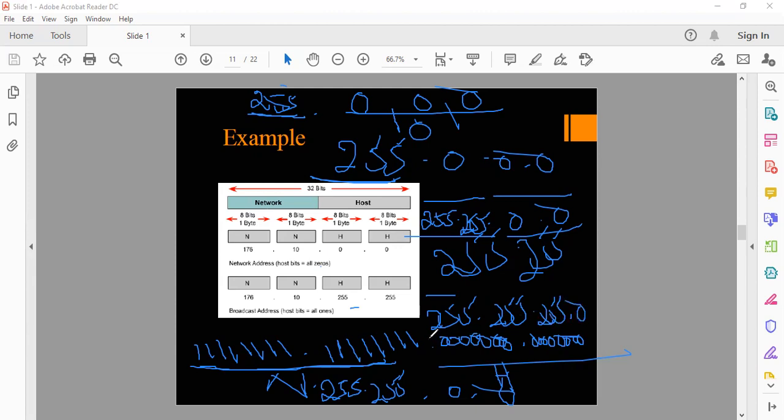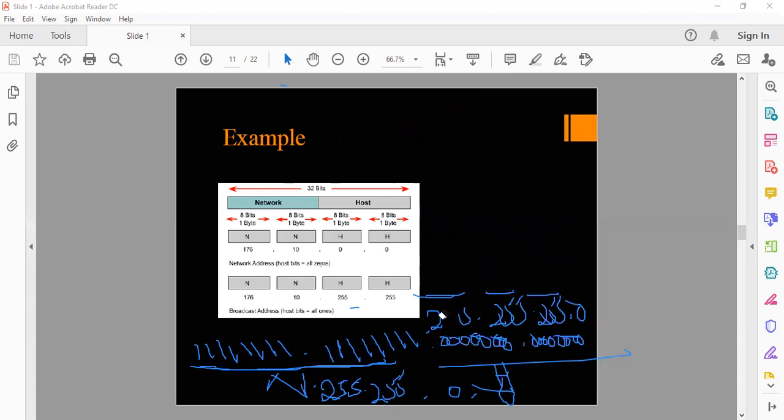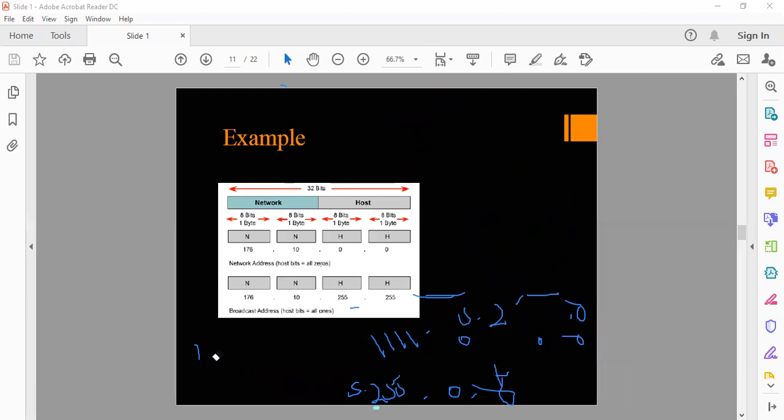From this you will observe that in class C IP addressing, the first, second and third octets are for network, meaning there are three octets for network. It means it is class C IP addressing. Any question? Are you getting me, guys? Yes, sir, it's very clear. Okay, thank you.